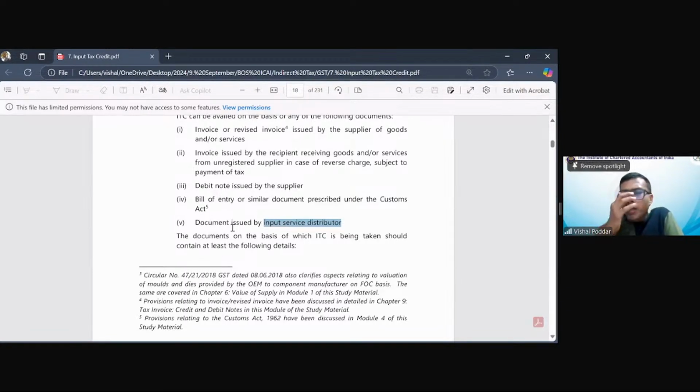Now here, I'll take five minutes of your time to explain what this input service distributor concept is, though we are going to see that in detail later when we have a specific section on input service distributor. But since the point has come and it may get repeated at two or three places, in two to five minutes I'll try to explain what an input service distributor is. This concept has come from the service tax era.